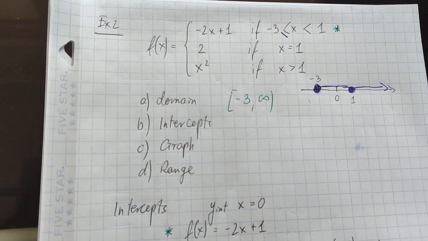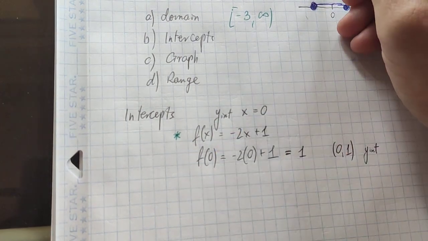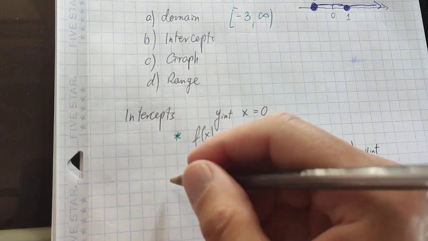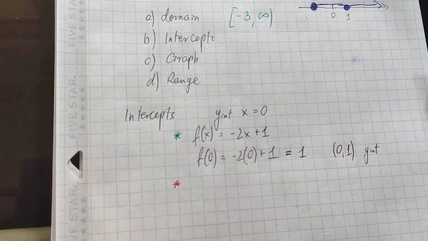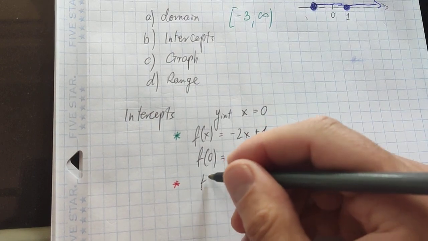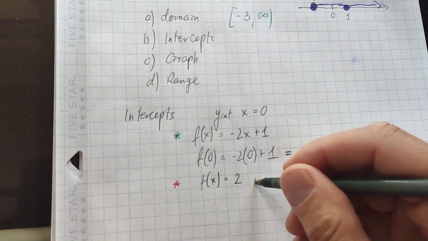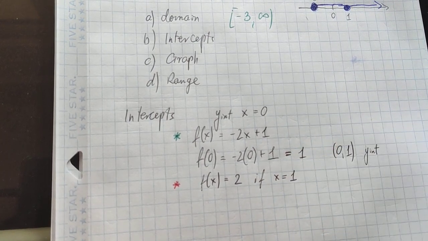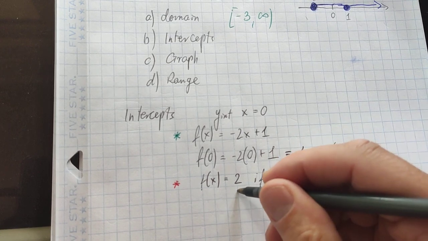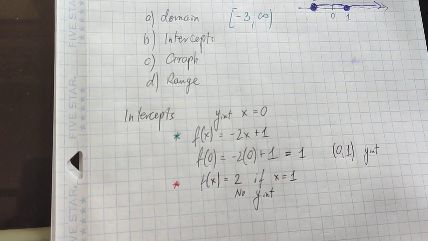Okay, so let's do it properly. Let's do the red one, and we'll say f of x equals 2 if x equals 1. So here no y-intercept. Okay.